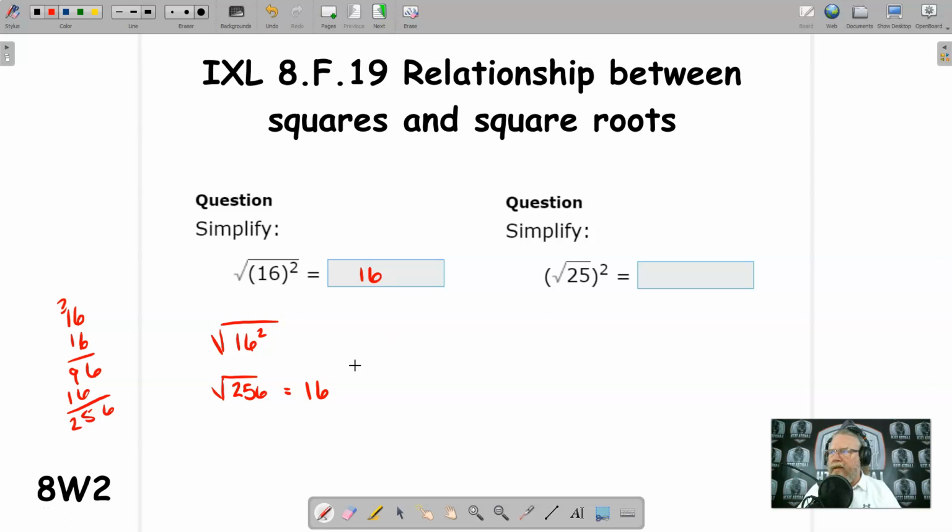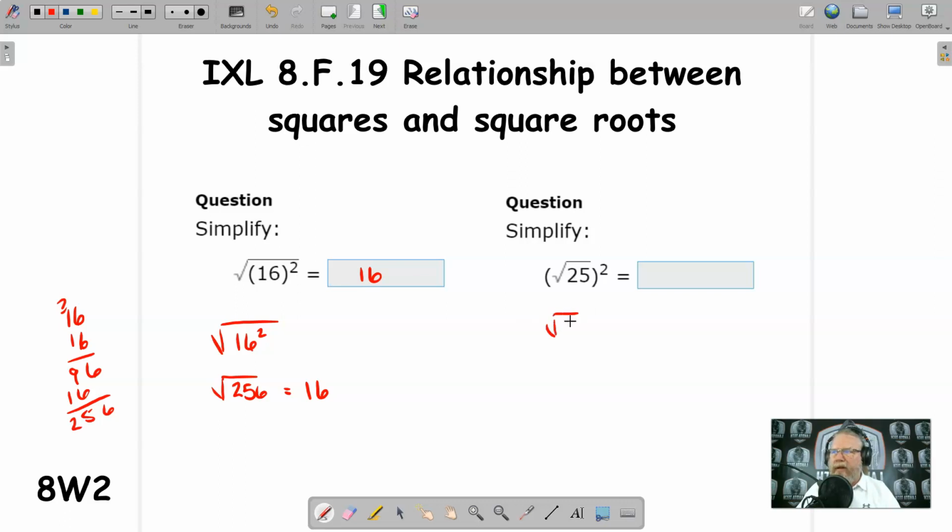Now, you might be thinking, wait a second, the answer is the radicand. What's being squared? The answer turned out to be equal to whatever was being squared underneath the radical symbol. So let's see how that works out with our next problem, looking for a pattern. On the next one, we have to do what's in parentheses first and then square it.